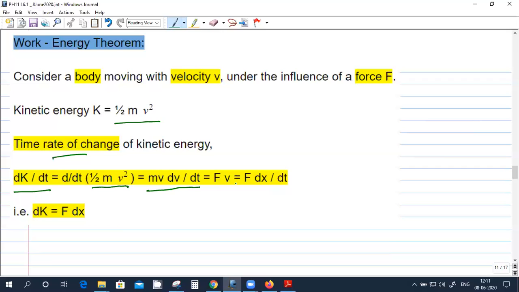And dv by dt is acceleration, so it's force into velocity, so it's force into dx by dt. From that, you get the increase in kinetic energy as force into displacement, which is equal to the work done. So the work done has gone into increasing the kinetic energy of the body.